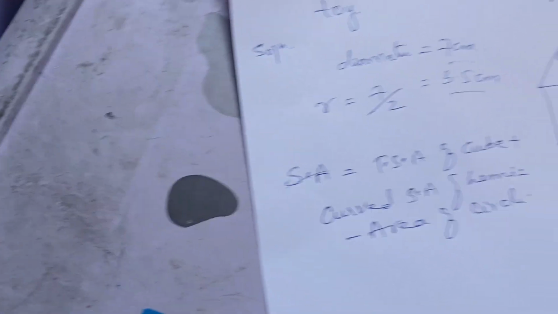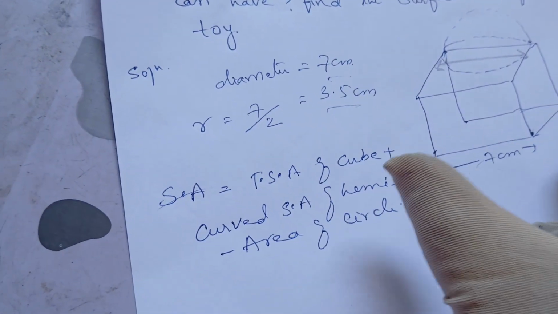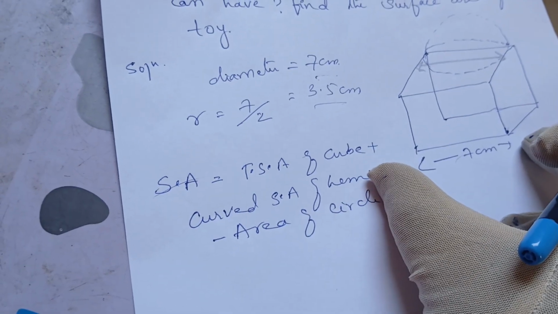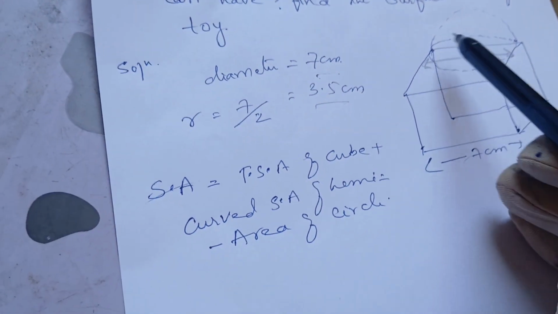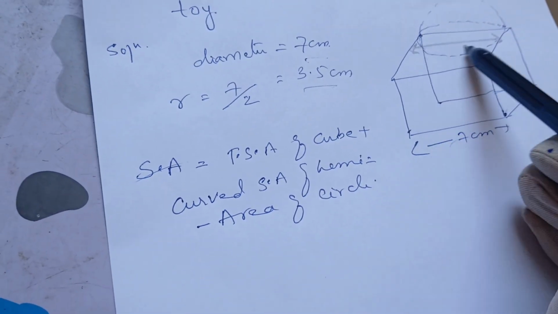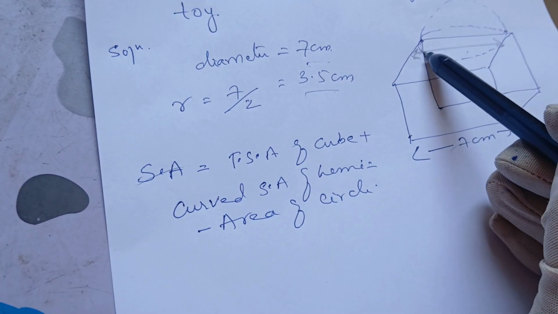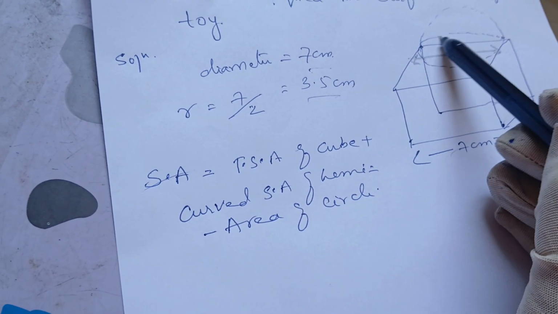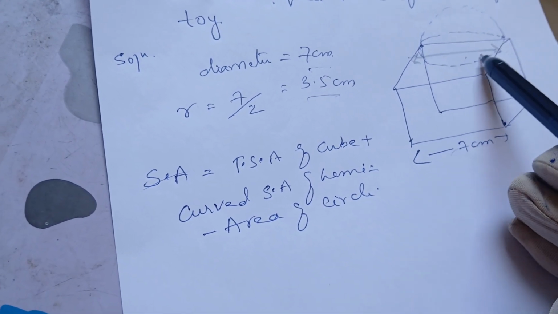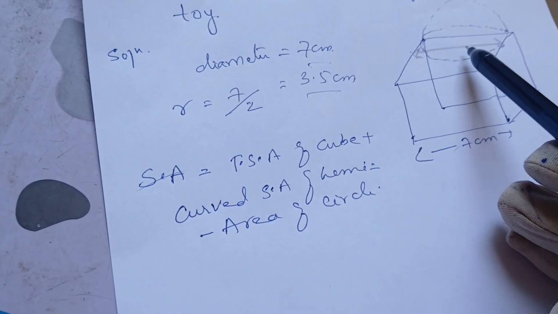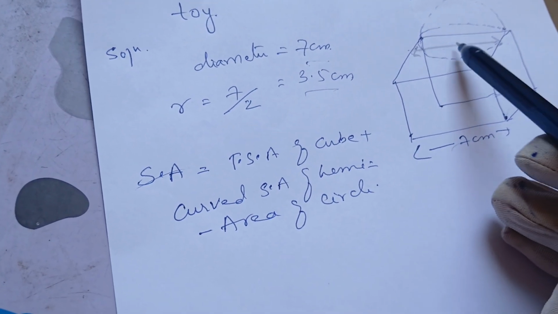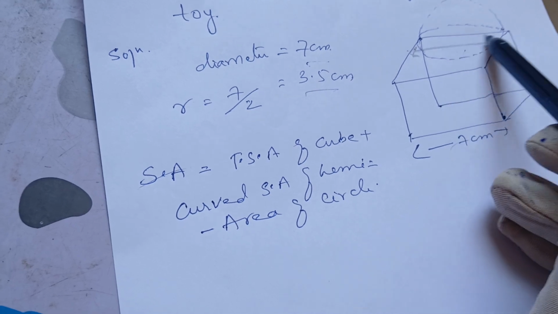Here, this is a cubical block on which there is a hemisphere. So this part of the cube is hidden by the circular base of the hemisphere, which we can remove from the cube.